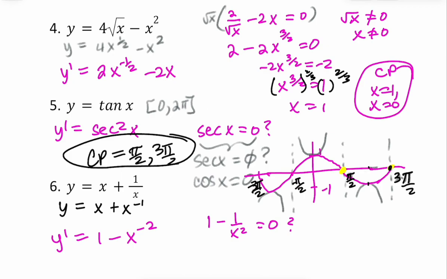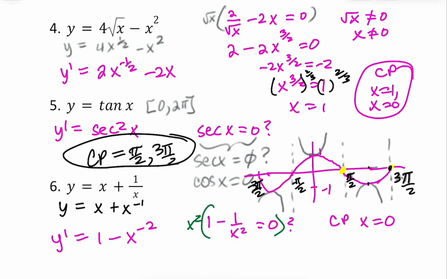Now, what messes that up? It can't equal 0. So a critical point does occur at 0 because of this fraction right here. Any negative exponent is implying division, and we're not allowed to divide by 0. Okay, now let's solve this. We're going to solve that by multiplying everything by x squared so that I don't have a fraction anymore.